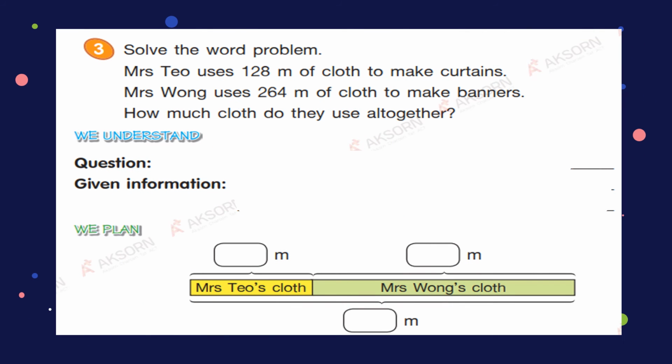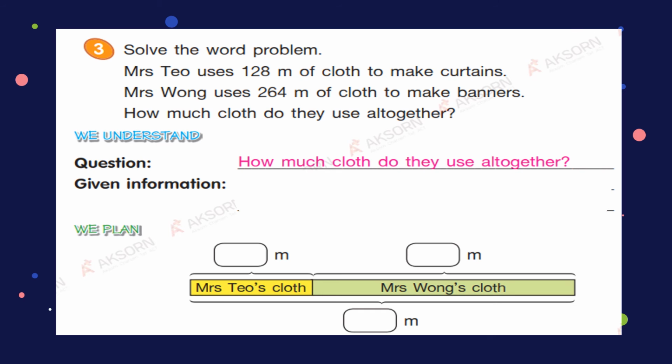Next, we're going to solve the problem. Mrs. Teo uses 128 meters of cloth to make curtains, while Mrs. Wong uses 264 meters of cloth to make banners. How much cloth do they use altogether?